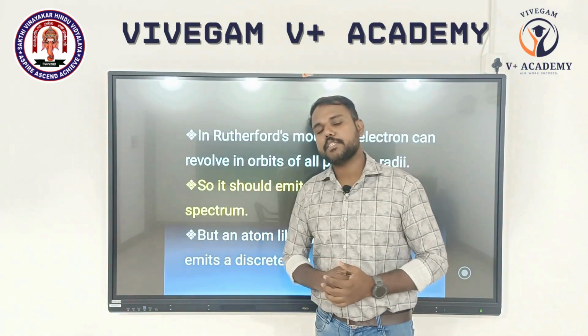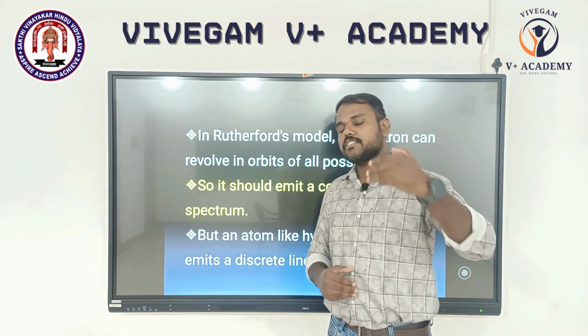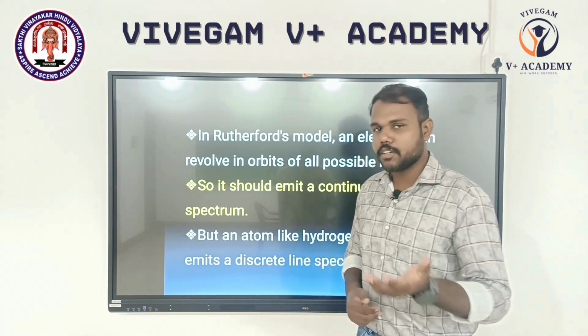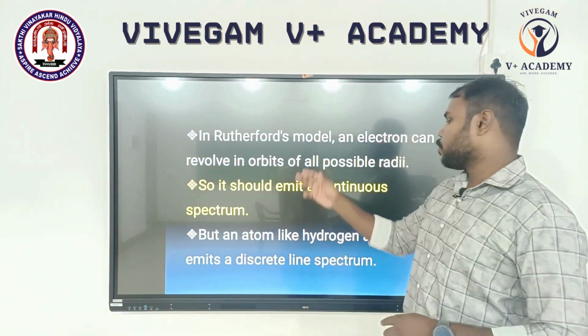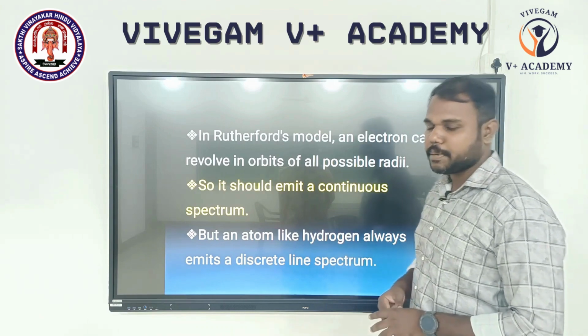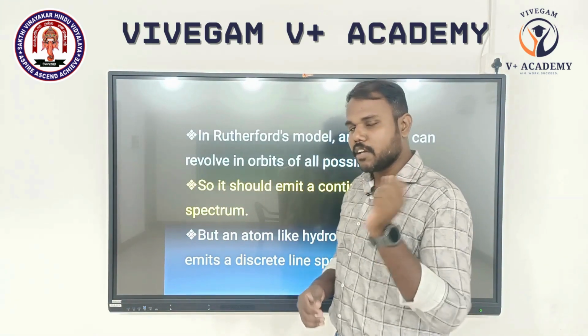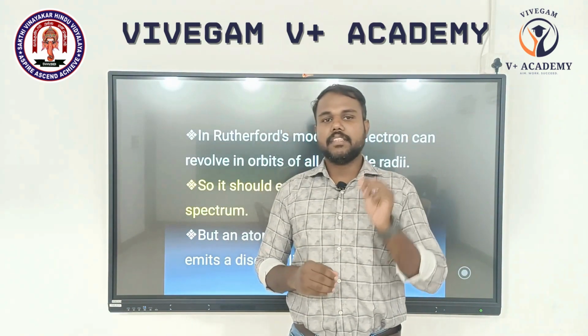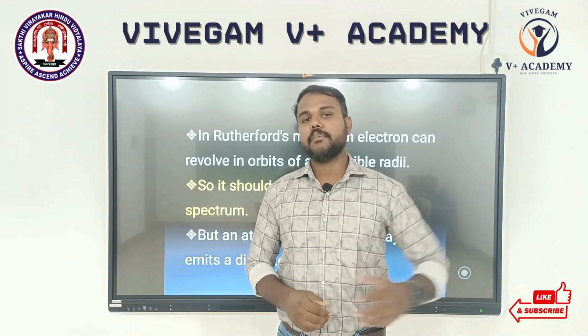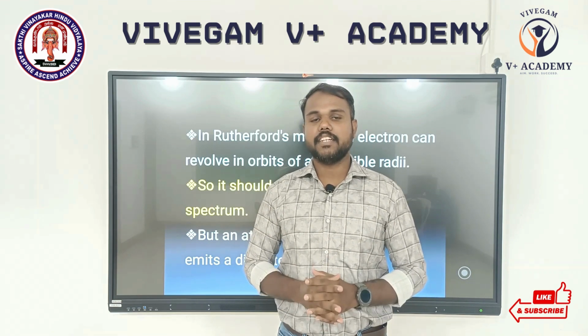We all know what a spectrum is. Whenever an electron moves from a higher energy state to a lower energy state, it loses its energy, and that is known as an emission spectrum. But an atom like hydrogen always emits a discrete line spectrum. Discrete in the sense of individual lines, individual energies. This point also is not explained by Rutherford. Later Bohr explained all these points in a detailed manner.